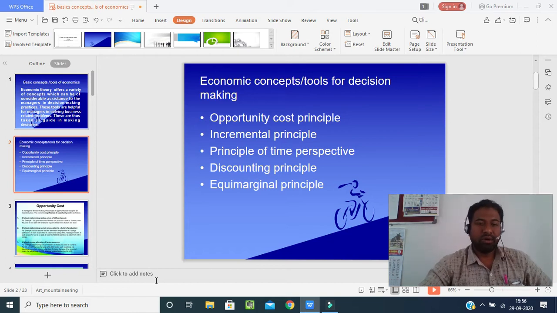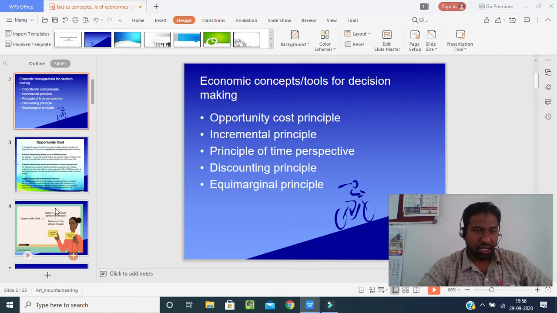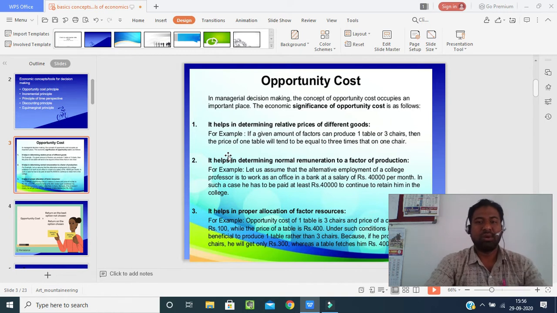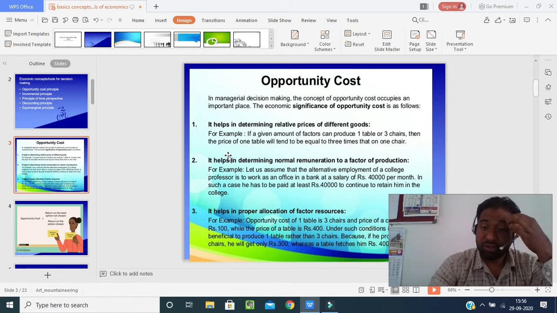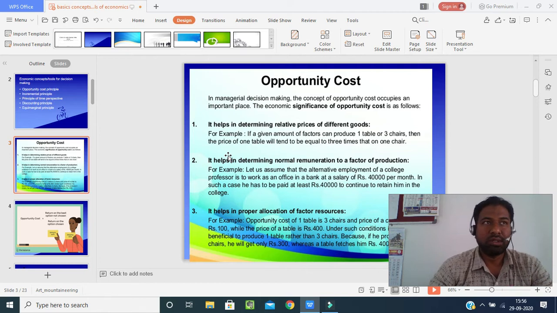Now we'll go first with opportunity cost. What do you mean by opportunity cost? Opportunity cost determines the relative price of different goods. Say a company has a lump sum of 40 lakhs in hand.